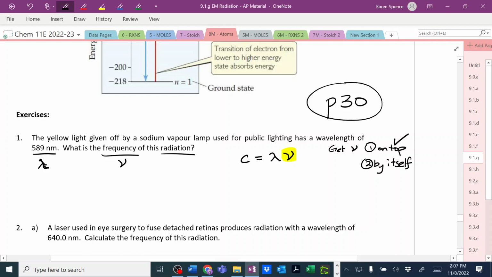There are several ways to get it by itself. Some people like to get rid of lambda by doing a division. So I'm going to put lambda down here so that those will cancel out, and I'm going to put lambda down here because what I do to one side, I must do to the other side.